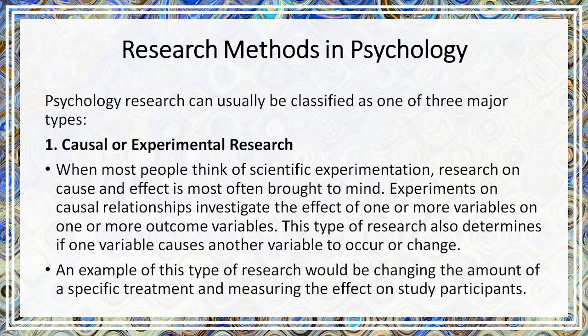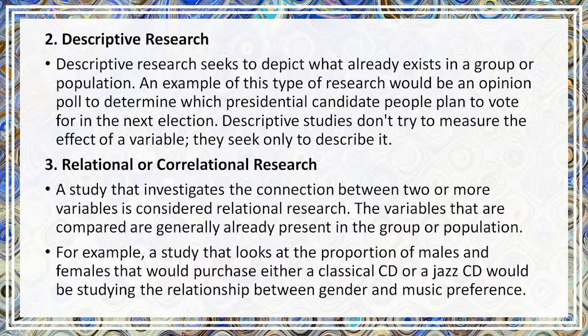Experiments on causal relationships investigate the effect of one or more variables on one or more outcome variables. This type of research also determines if one variable causes another variable to occur or change. An example of this type of research would be changing the amount of a specific treatment and measuring the effect on study participants.